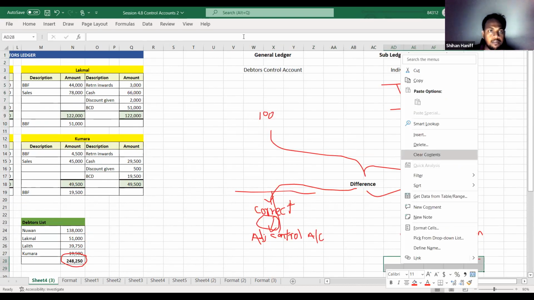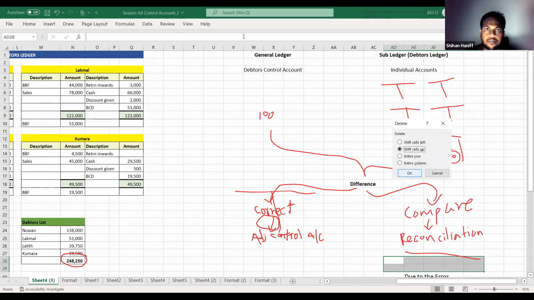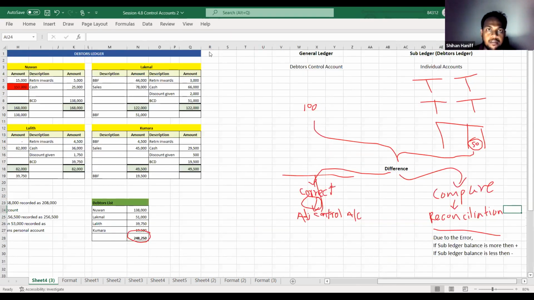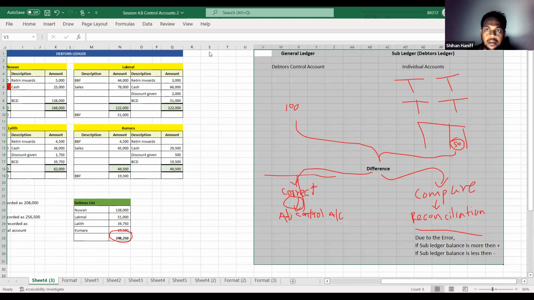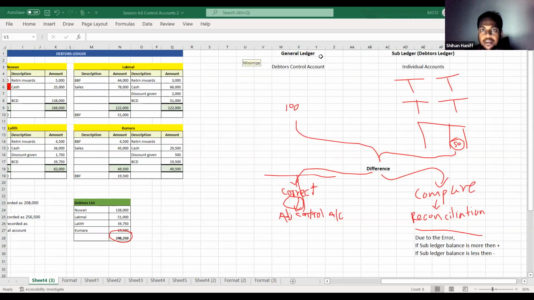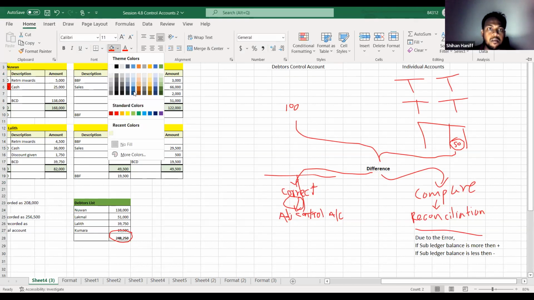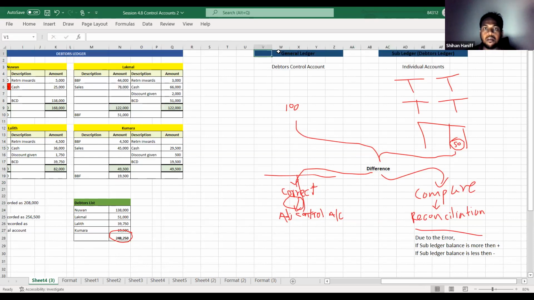Okay, there is a question. Can you explain it again? Yes, I will repeat this. Now we have the general ledger and the sub ledger. In the general ledger we have the control account. In the sub ledger we have individual accounts.